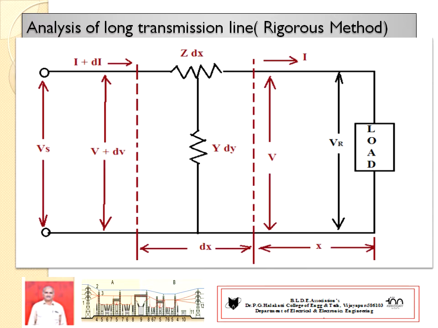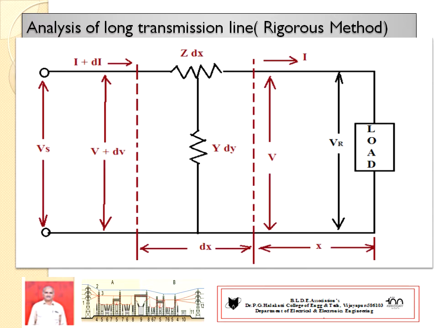of length dx at a distance x from the receiving end, and V be the voltage across the section which is nearer to the receiving end, and V plus dV is the voltage across the section nearer to the sending end, and I plus dI is the current flowing towards the section, and capital I is the current leaving from the section as shown in the figure.